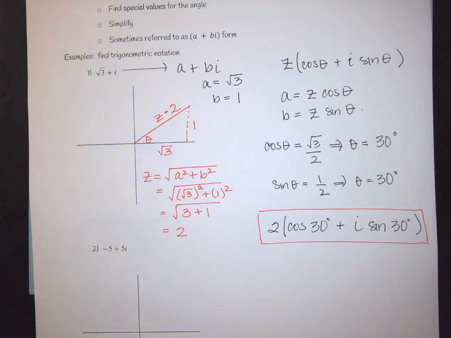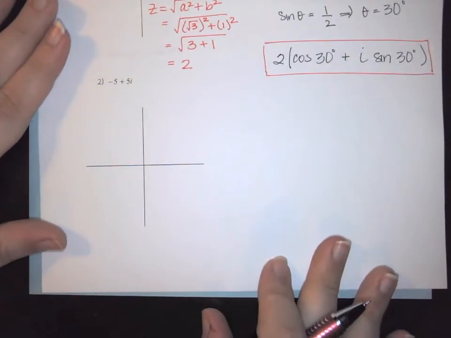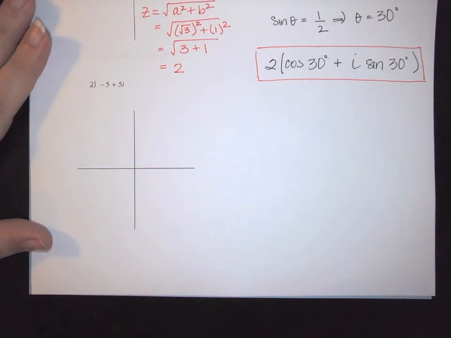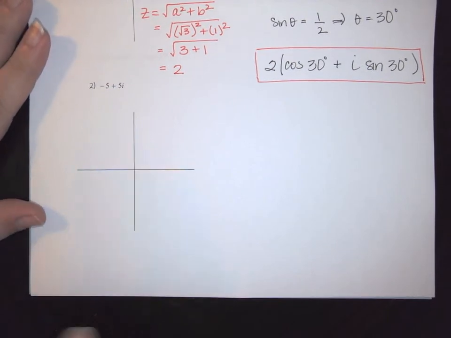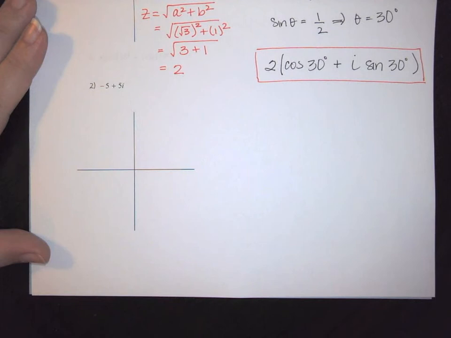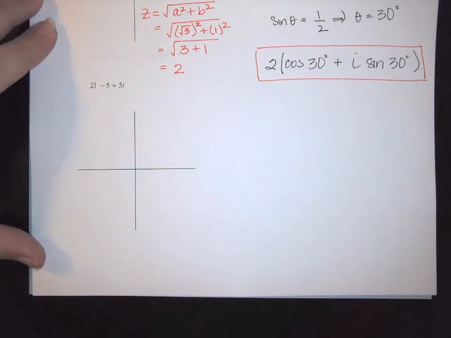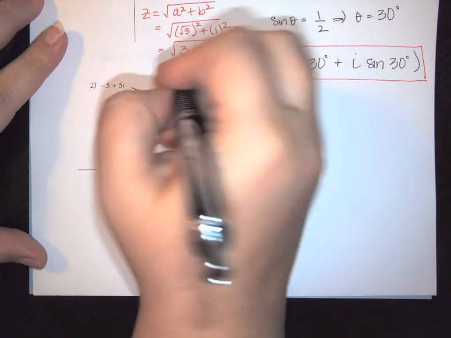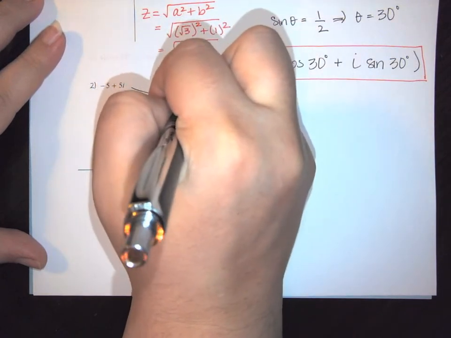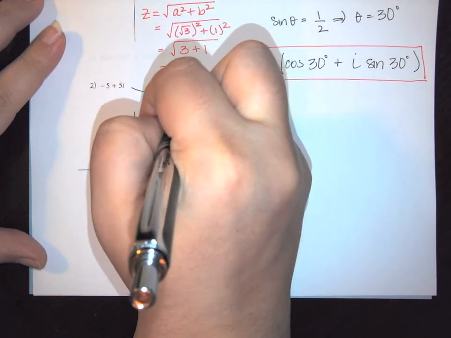Alright, let's do it one more time. So here I have -5 plus 5i. Again, I have to be able to look at what it is that I have. Here, this tells me a plus bi. So here my a is equal to -5.